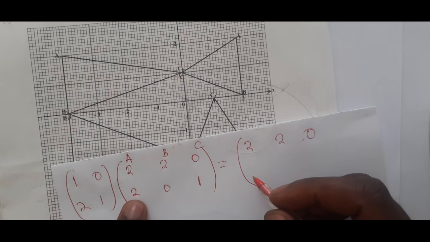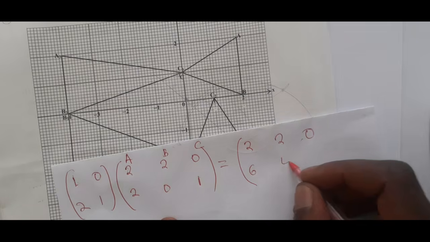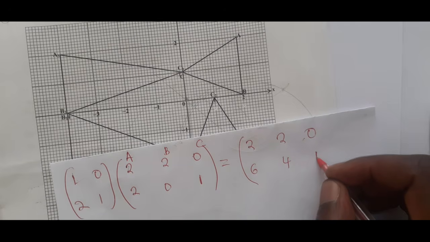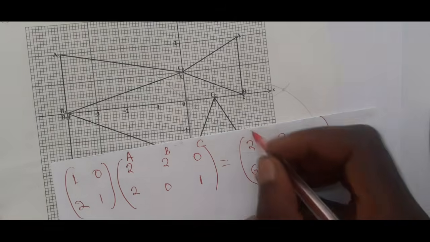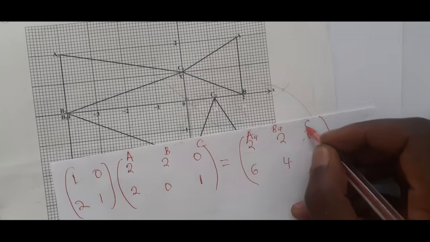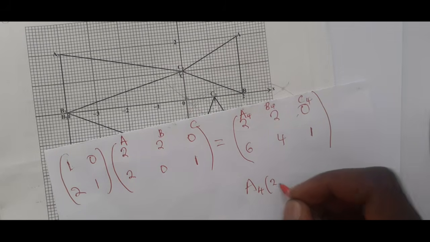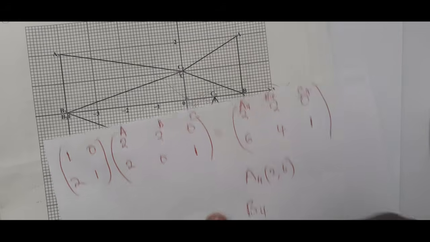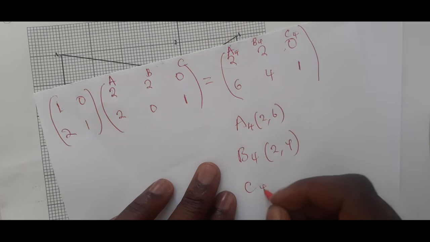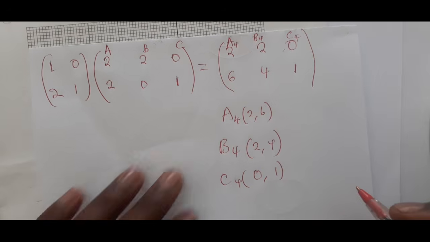This is 4 plus this one, supposed to get 6. And this is 4 plus this one, you get 0. Then this one, we're supposed to get 1. Okay? So these will be the coordinates of A4, B4, C4. You can write them in this manner: A4 is 2, 6, B4 is 2, 4, and C4 is 0, 1. So these are the coordinates that we're going to get here.